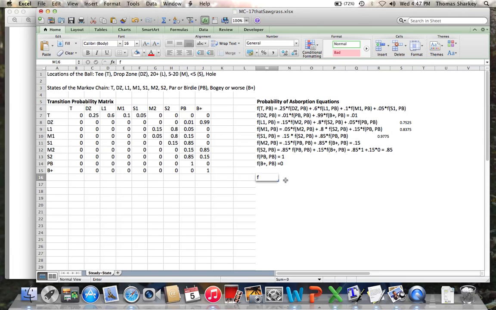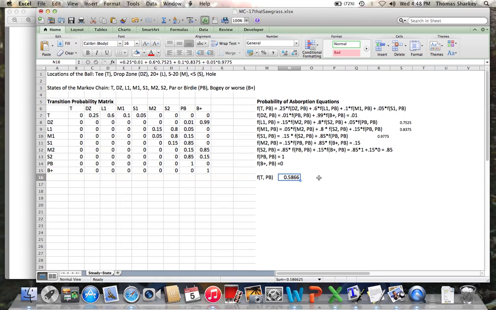So f of T comma PB is equal to 0.25 times 0.01, basically I hit it into the drop zone and then make par or better, plus 0.6 times 0.7525 plus 0.1 times 0.8375 plus 0.05 times 0.9775. So it looks like 58% of the time I'm going to start in the tee position and make par or better.